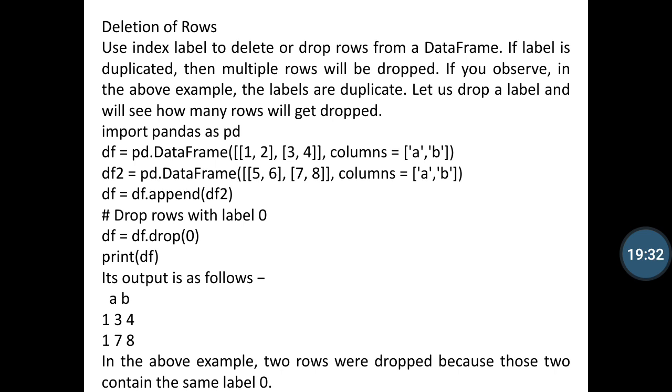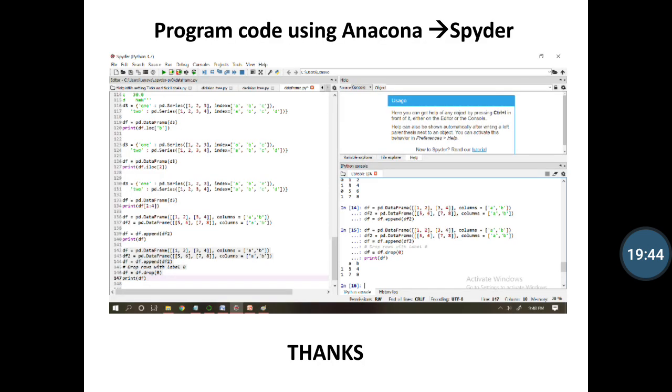The rows with index 0, values 1, 2 and 5, 6, are deleted. After executing the program, you can easily note the program. I am providing a program slide for your convenience to read and execute the program.